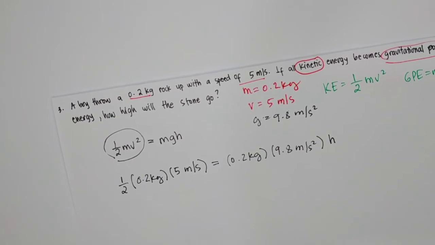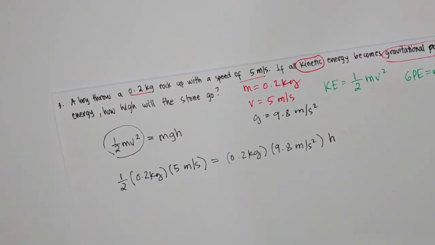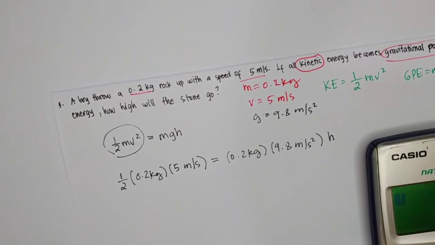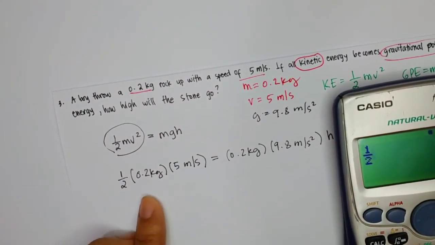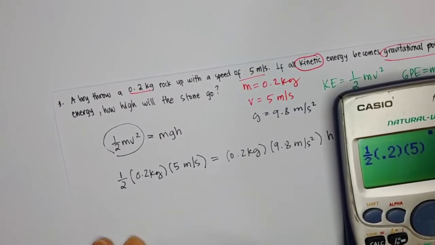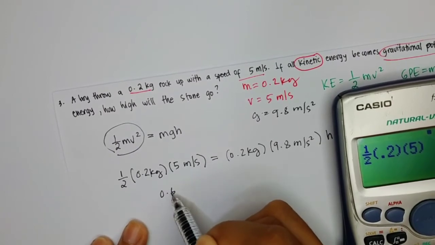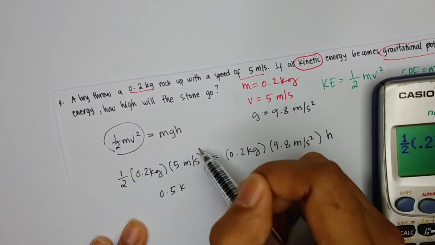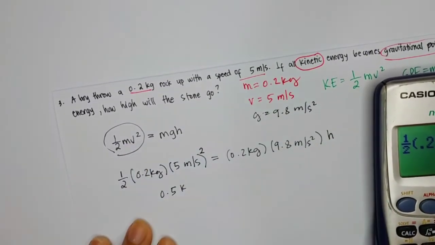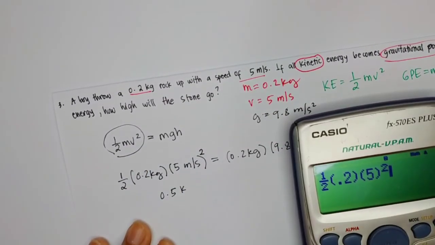Let's solve on the left side first: 0.2 times 5, we forgot to square it, so squared.